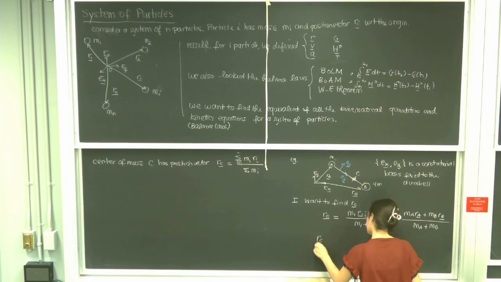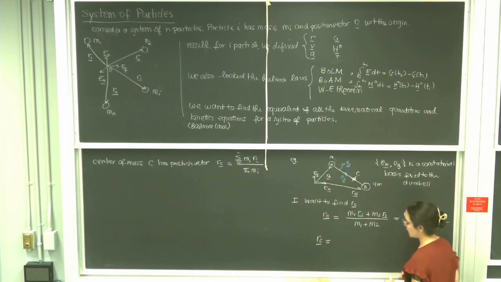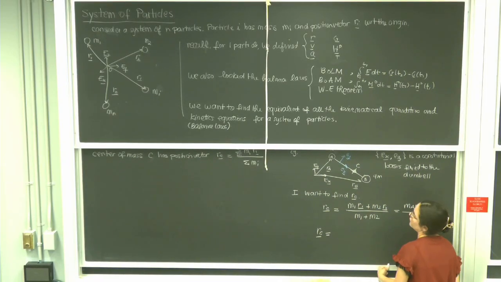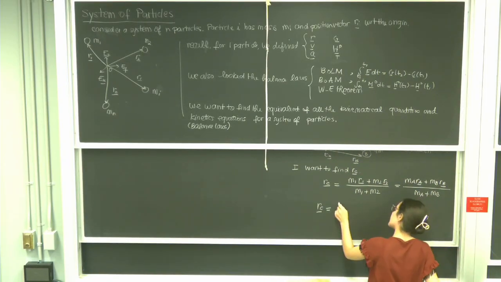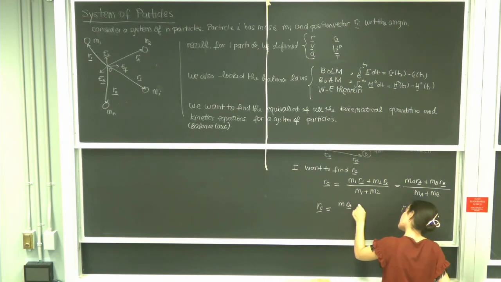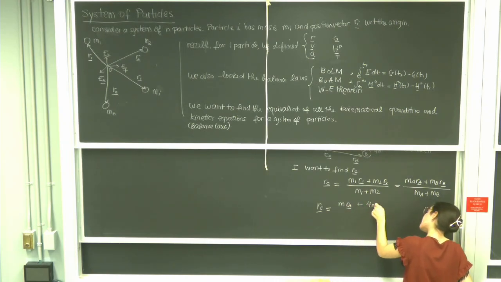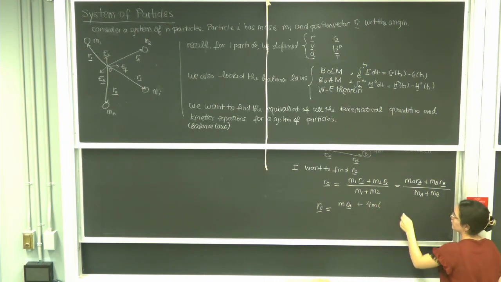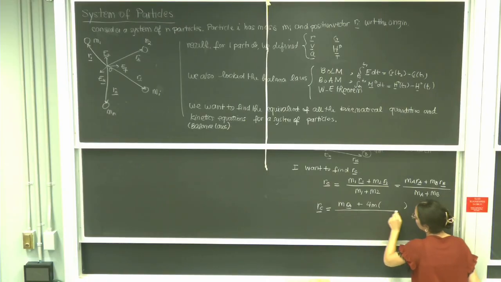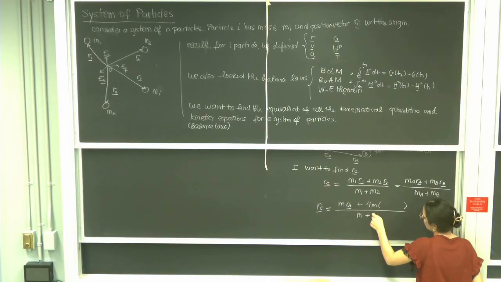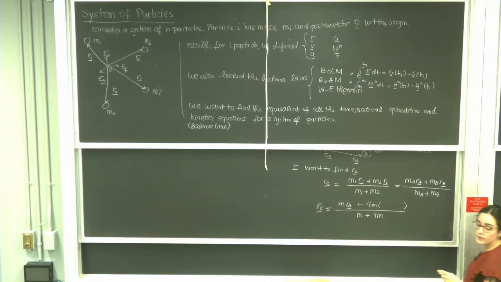And then MA is just M. So I'll write M RA plus 4M RB. Let us see how to write RB, and then divided by M plus 4M. With me so far? Now in this parenthesis, I still need to add RB.